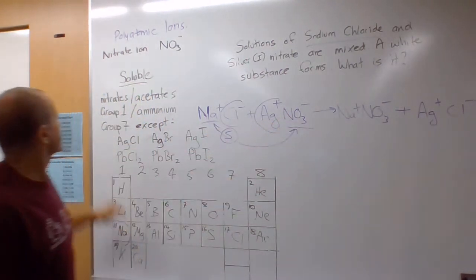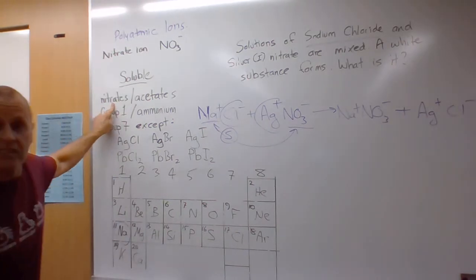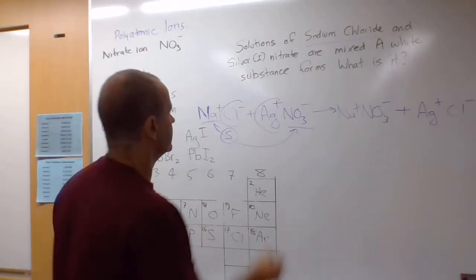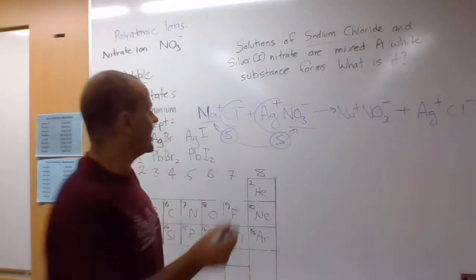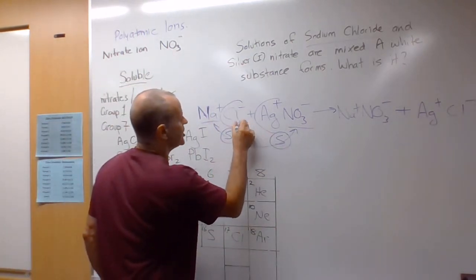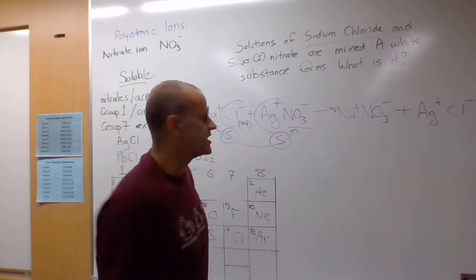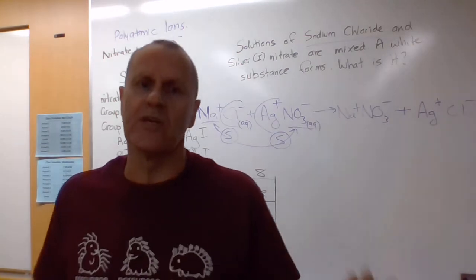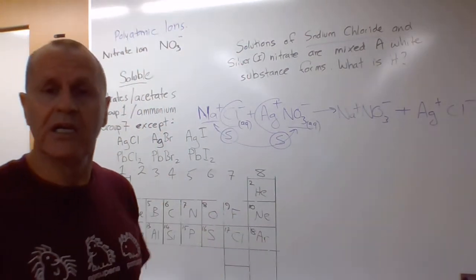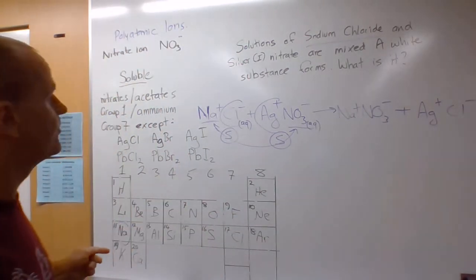Silver nitrate. Nitrates. All nitrates are soluble. So that's soluble as well. We can show that in a chemical reaction by putting aq, aqueous, just to show that it's dissolved in water, because aqua is Latin for water.